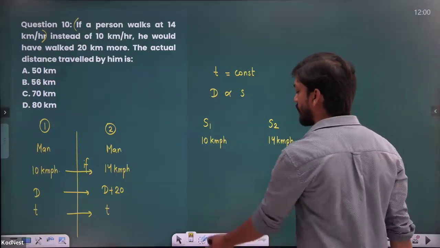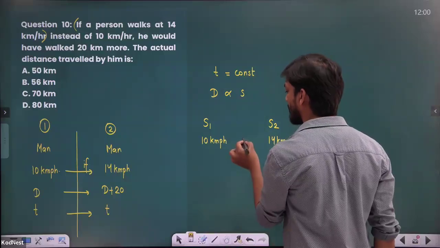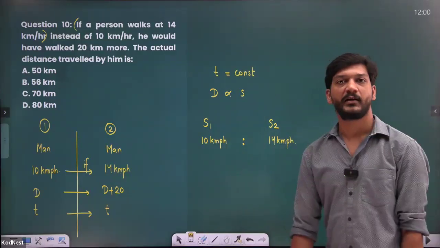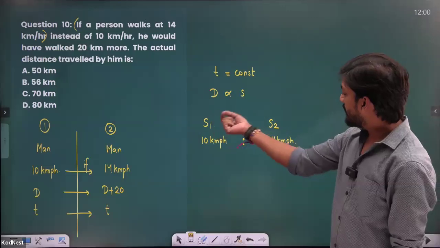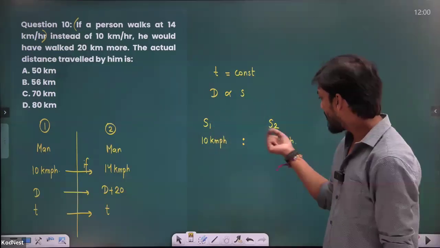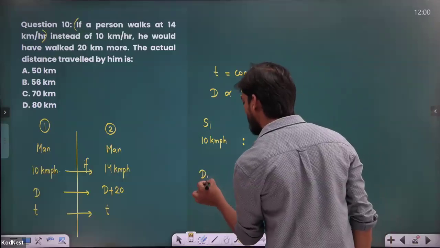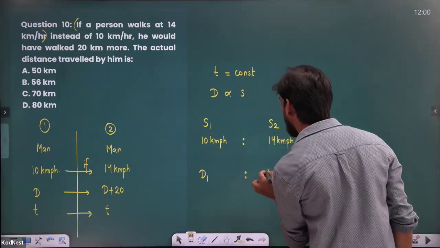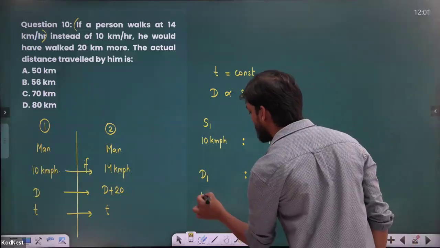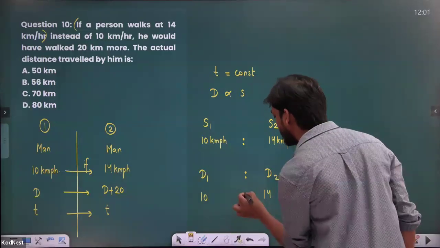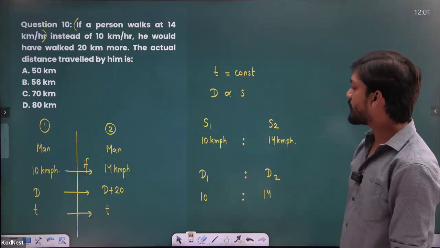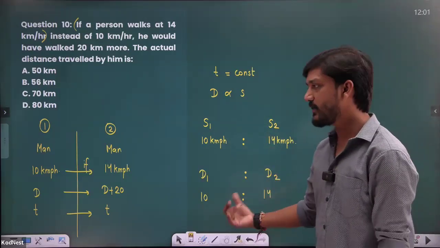Now don't think kmph. Think ratio. Speed S1 ratio S2 is 10 ratio 14. So can I say D1 ratio D2 also as 10 and 14? Because they are proportional, the speed ratio and distance ratio will be the same.